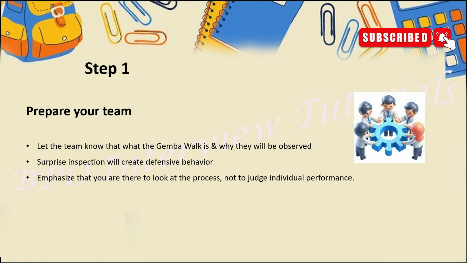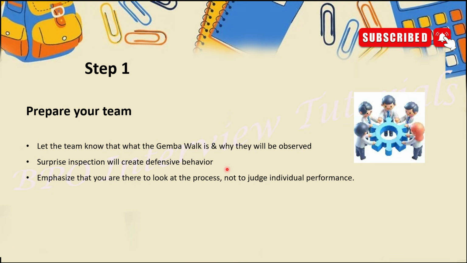Okay, let's move to the first step. Before starting the Gemba walk, make sure that you let your team know that there is a Gemba walk and what they will observe. Because if you do that, agents will work on their BAU activities and there will be no panic situation. Everyone will not feel any sudden surprise or any attacking mode, so that they will defend themselves.